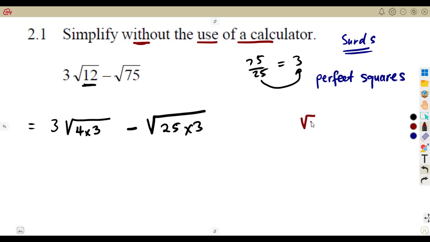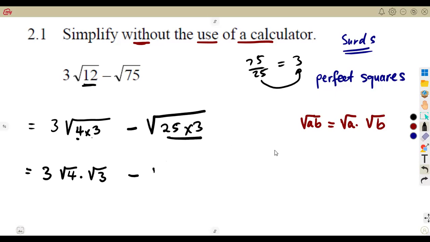Remember that the square root of a times b can be separated to give us the square root of a times the square root of b. In that same sense, you separate. It becomes the square root of 4 times the square root of 3, minus the square root of 25 times the square root of 3.